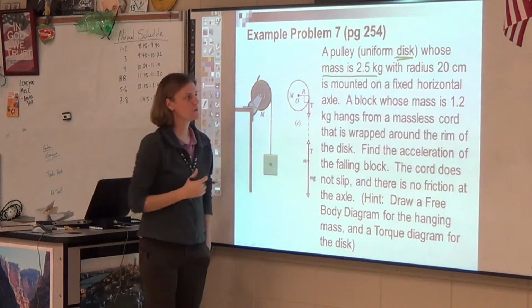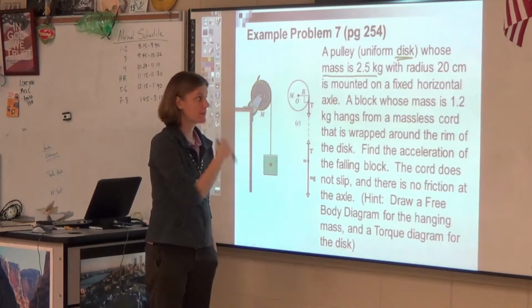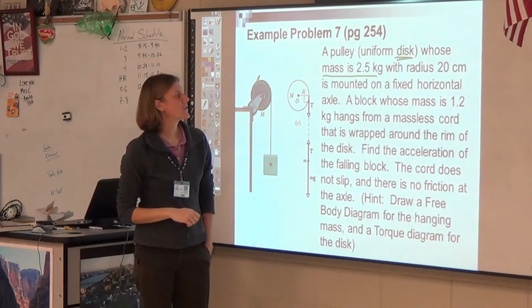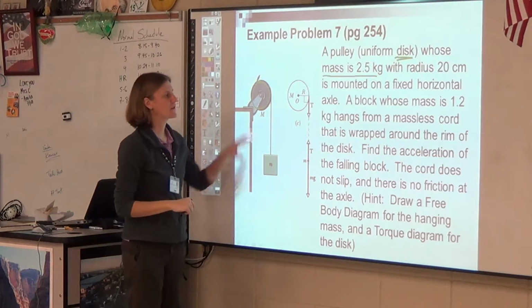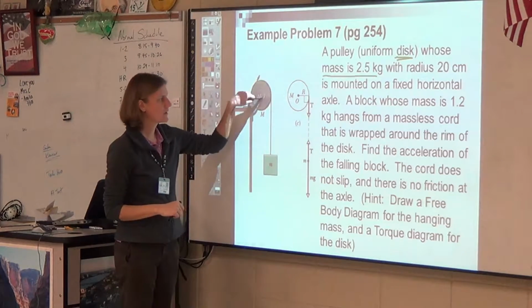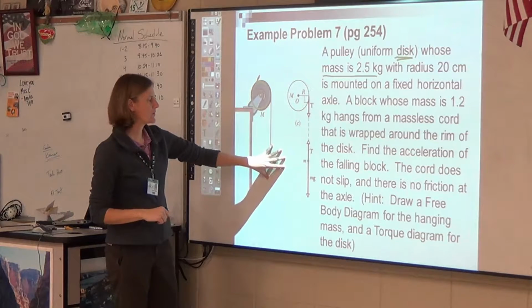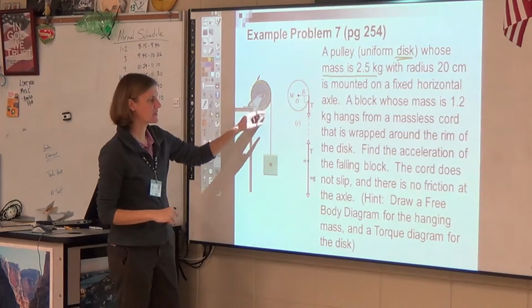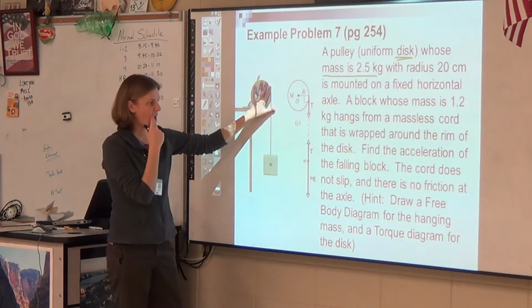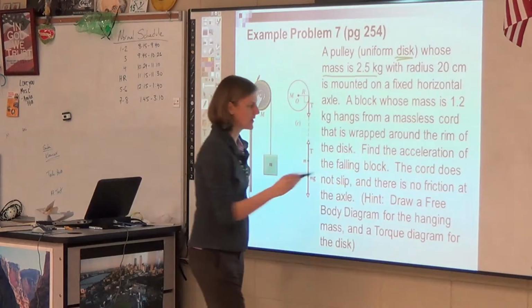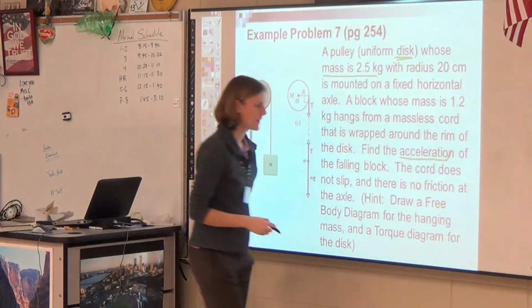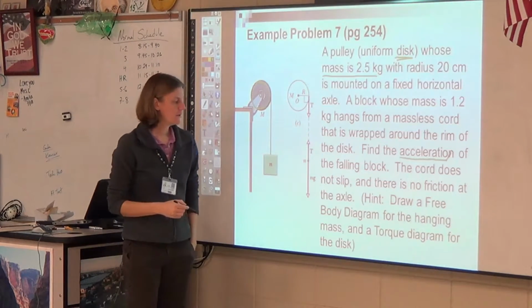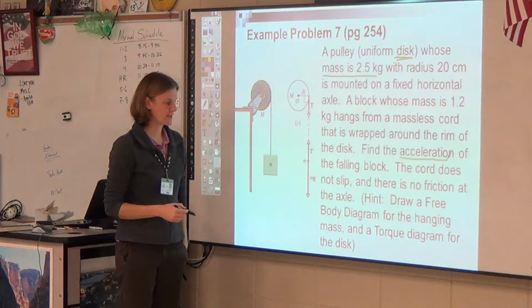It's just not truly a disk, but we'll call it a disk. Okay, so we know information about the disk. It's mounted on a fixed horizontal axle. A block whose mass is 1.2 kilograms hangs from a massless cord that's wrapped around the rim of the disk. Find the acceleration of the falling block. The cord doesn't slip and there's no friction at the axle.